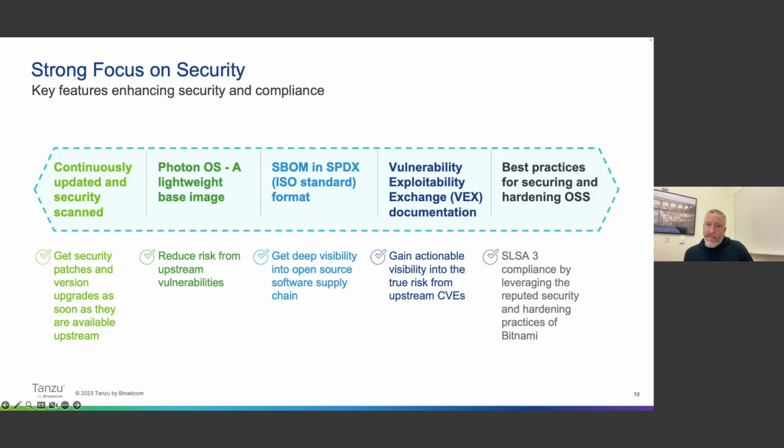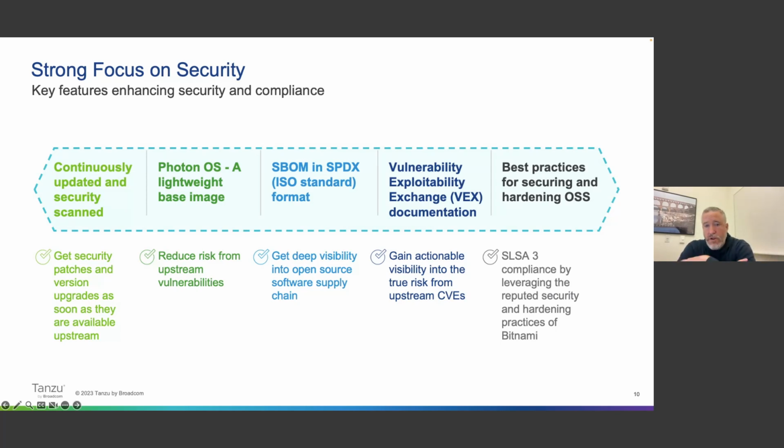With Photon, we have a very minimal number of those remaining, and for anything that is, they each have a VEX metadata entry, and so you can automate that process, machine readable, and you can build policies around shipping images to production that have VEX metadata explaining that anything in your image is not exploitable.